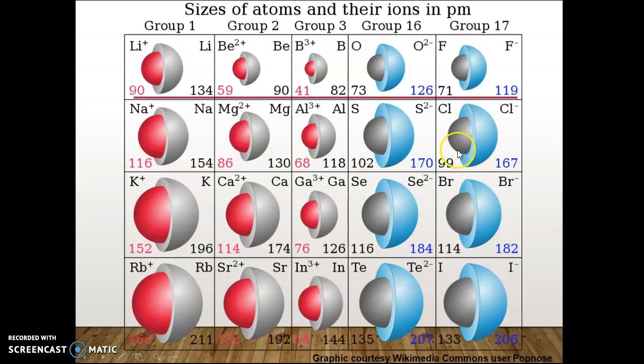Right, so here's what it looks like when you are lithium as a cation, smaller, and then lithium as a regular atom, larger. The opposite is true here. Notice oxygen is originally smaller, and then once you have added those 2 electrons to that outer shell, it's now larger.